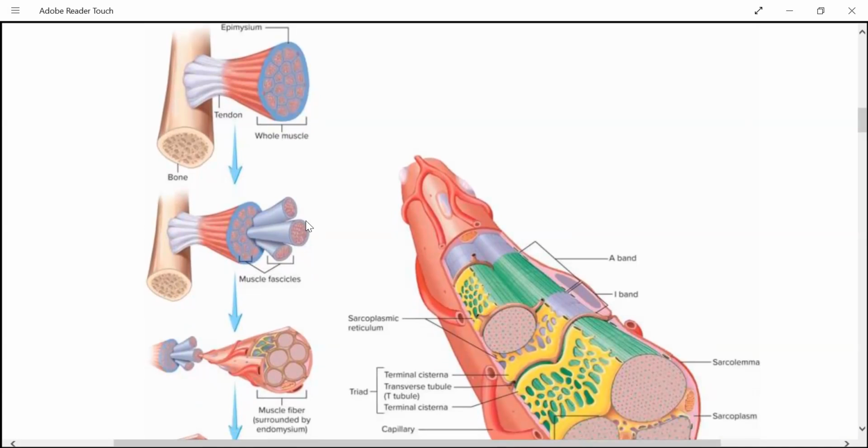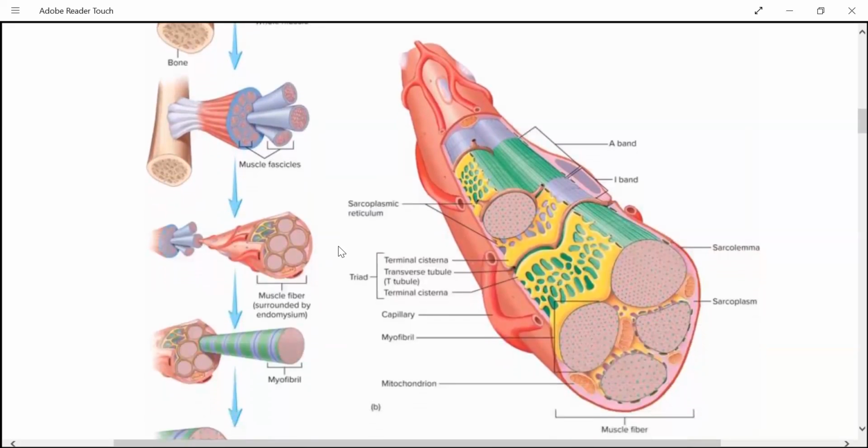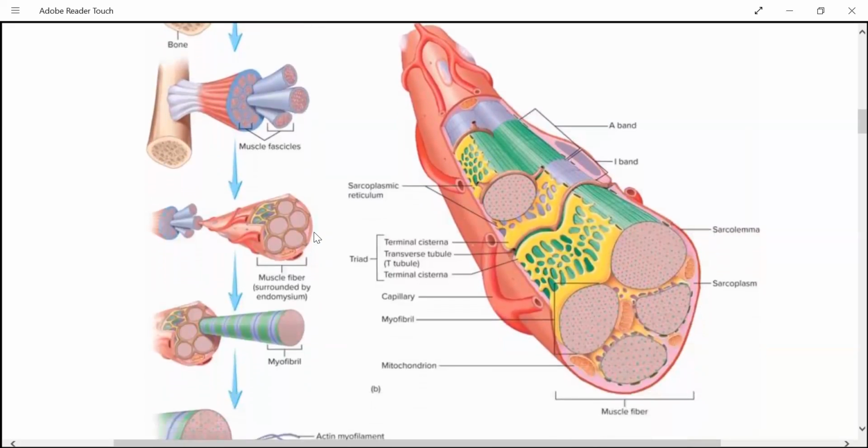That whole muscle is composed of different muscle fascicles. These muscle fascicles are surrounded by the perimysium. One individual muscle fascicle is made up of multiple muscle fibers, and this is surrounded by an endomysium.